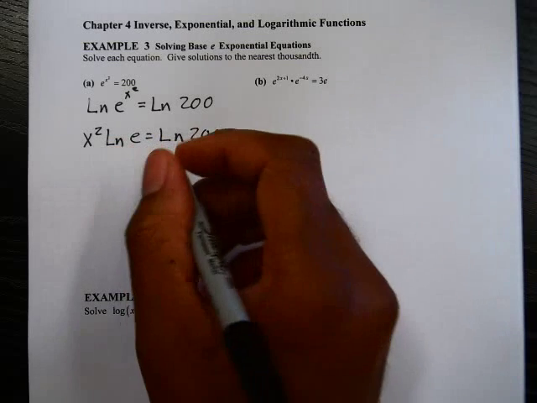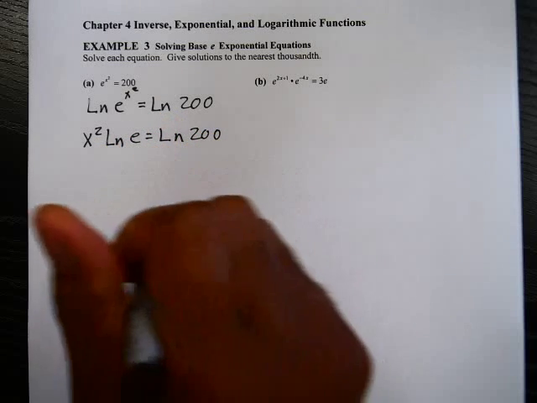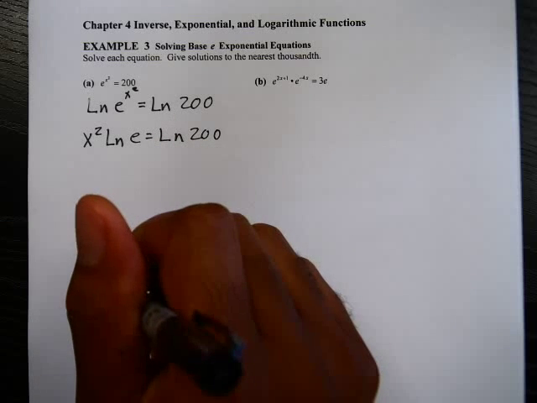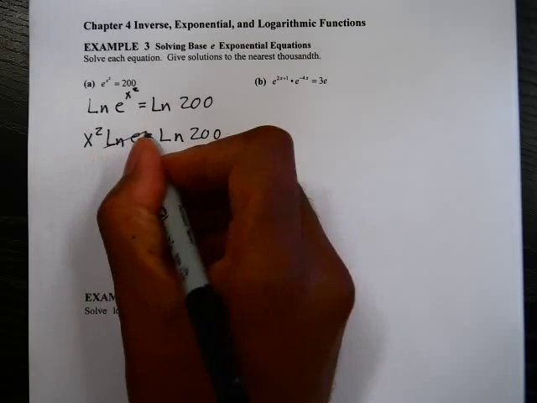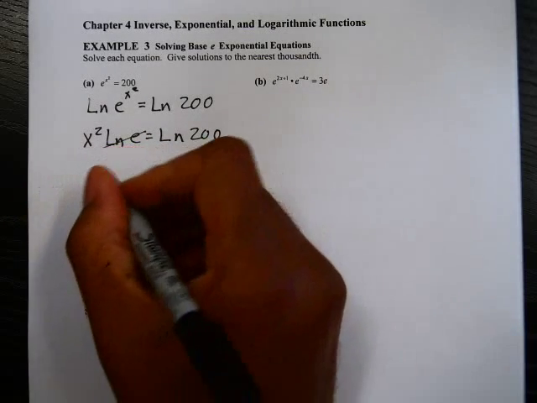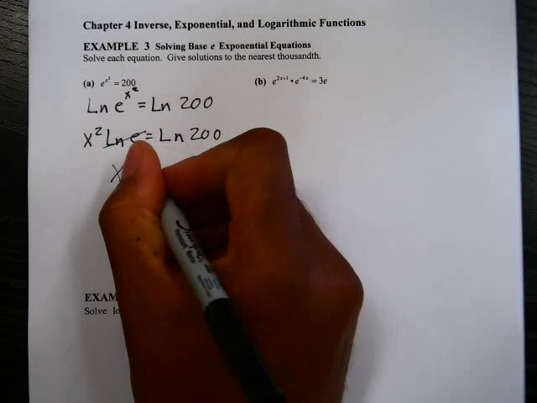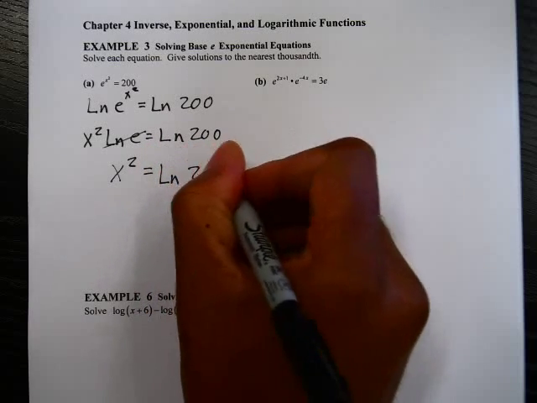What you have to understand is that the ln of e is equal to 1. So in essence, that 1 times x squared just cancels out. So this would be x squared equals the ln of 200.